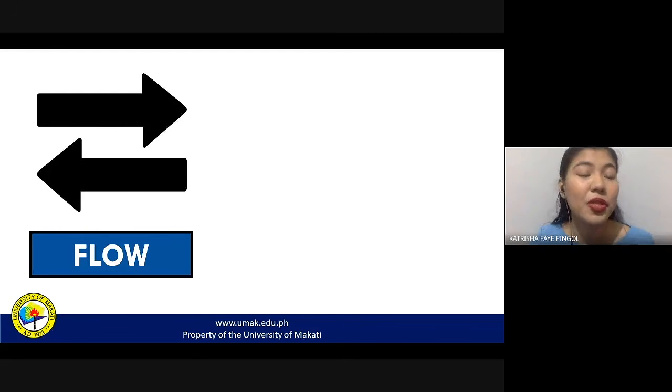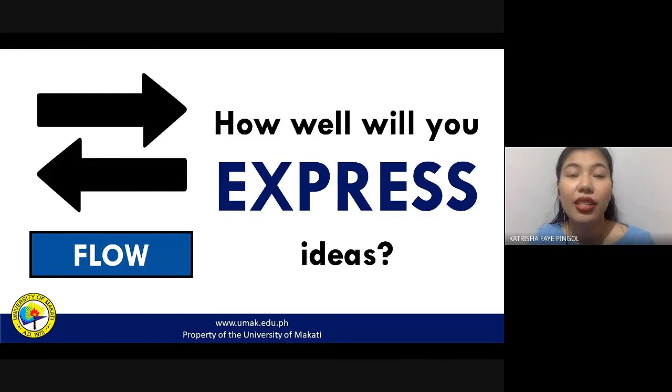Another factor to consider is, of course, the flow. You just need to ask yourself the question, how well will you be expressing these ideas? Similarly, just like in organization, once you have figured out the way to organize your thoughts, your information, your facts, the way that you have already plotted or outlined those things, then definitely flow will come after.